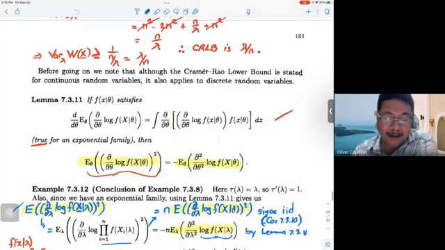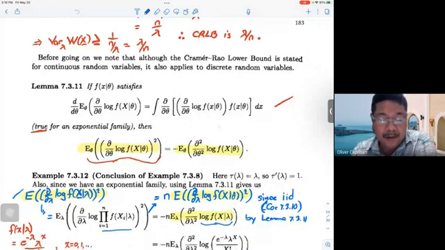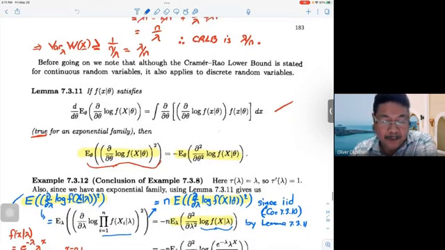And then we have another result, Lemma 7.3.11.